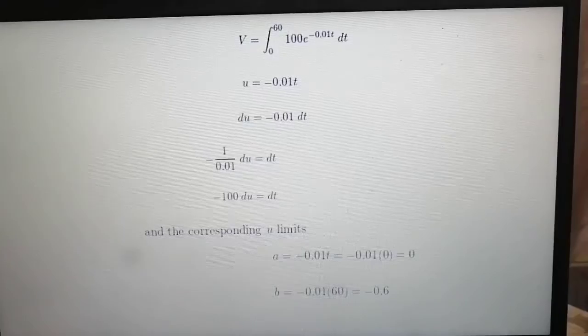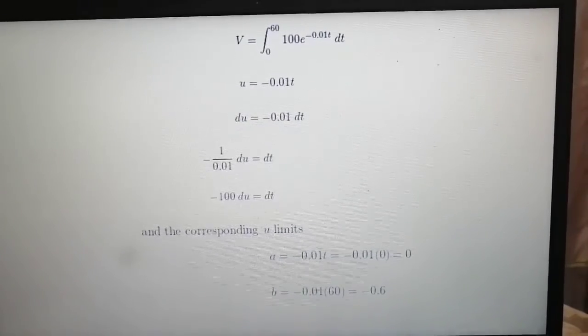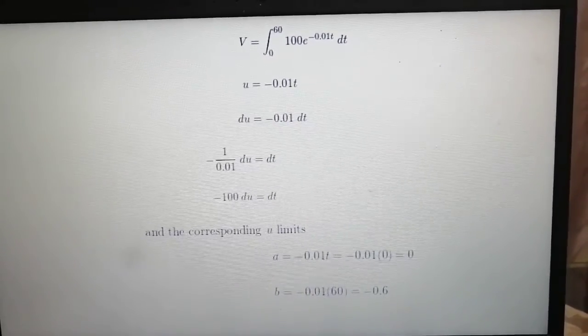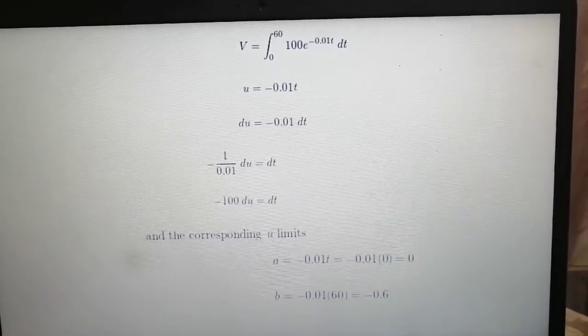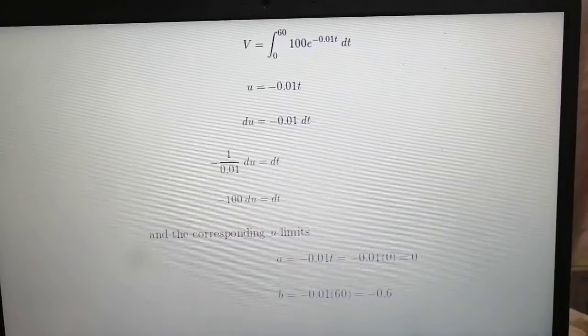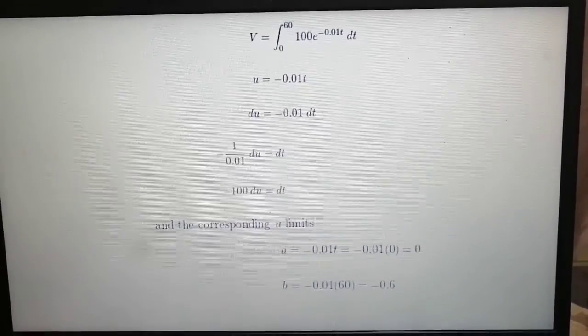For our solution, we first get our mathematical equation, which is V equal to the integral of 100 e raised to negative 0.01 t dt, which we will integrate from 0 to 60.